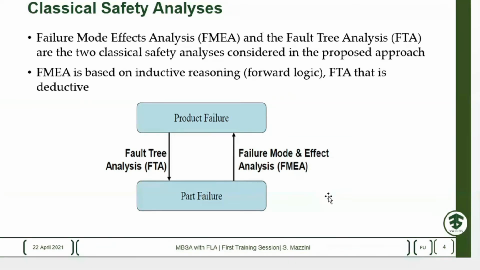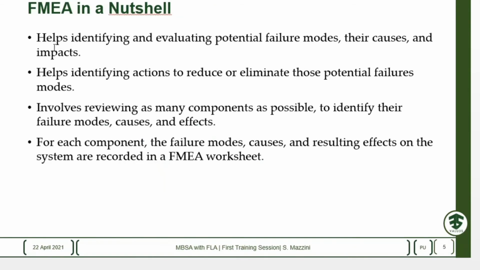So FMEA considers the failure of a part of the system and analyzes the impact on the product failure. While for fault tree, we start from the product failure and we analyze what are the combinations of components that led to the fault. FMEA in particular helps identifying potential failures, causes, and impacts.